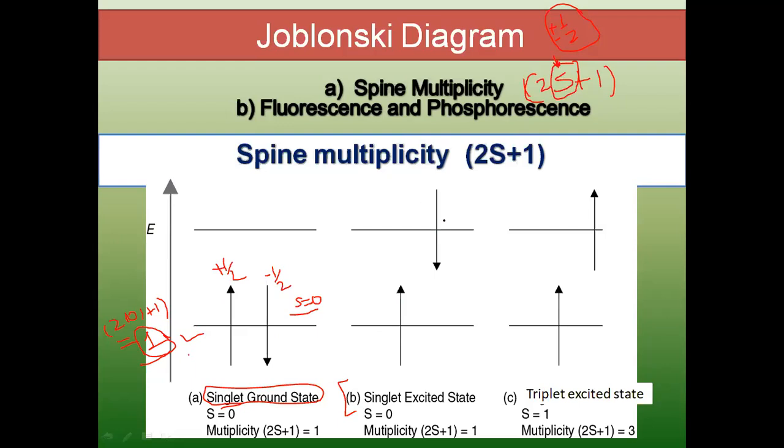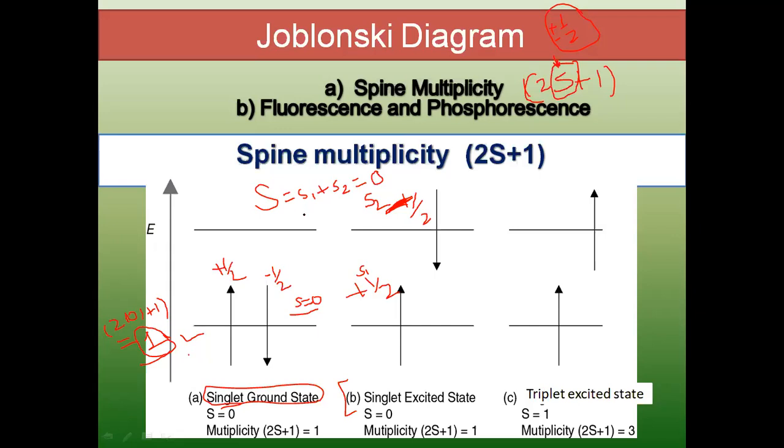Okay, now you can see here the spin for this is minus half, and this is plus half. एक s जो आहे तो प्लस हाफ आहे, दुसरा s आहे, याला s1 म्हणू आपण, स्मॉल s1, याला स्मॉल s2 म्हणू. या दोघांचा जर सम केला तर काय होईल, s1 plus s2, S is equal to 0.